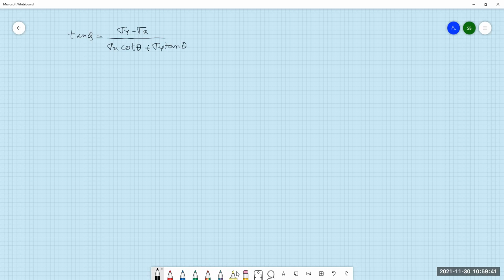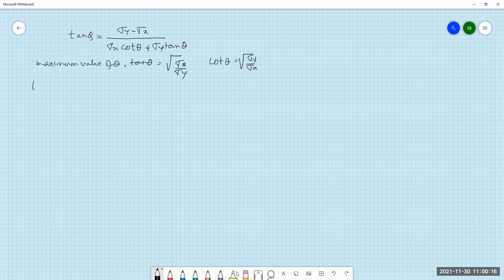Then the maximum value occurs when tan theta is given by the square root of sigma x divided by sigma y, which you have just got. So what will be cot theta? Square root of sigma y by sigma x, and tan theta remains there. If we put it here, what will happen?